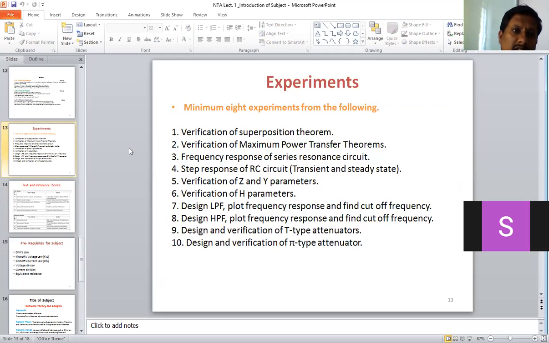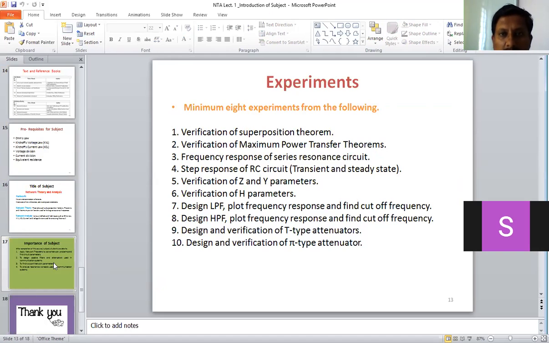Now the 3 points we are going to discuss are the title of the chapter, then the central idea of the chapter, and next the importance of this chapter.